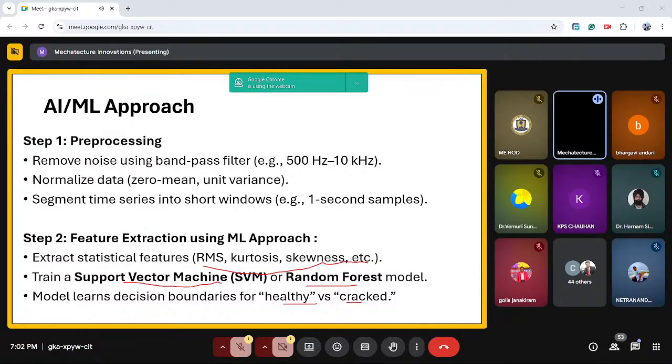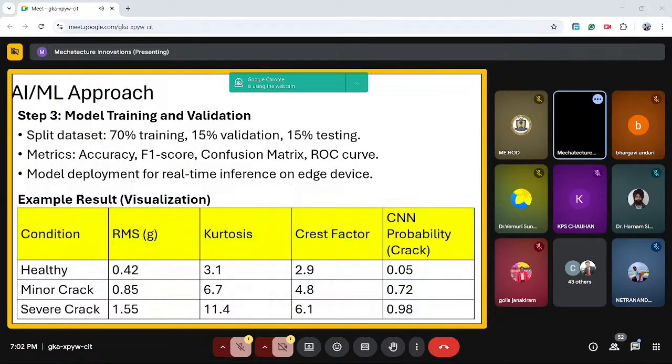Cracked means whatever it may be, whether it is a crack or any kind of failure. So first is data collection and pre-processing. Second is feature extraction and learning and comparison between both. The third is model training and validation. Whatever data it calculates in real time, it takes the data and compares it with the pre-programmed data so that it can understand what the output is, and finally a result would come like this.